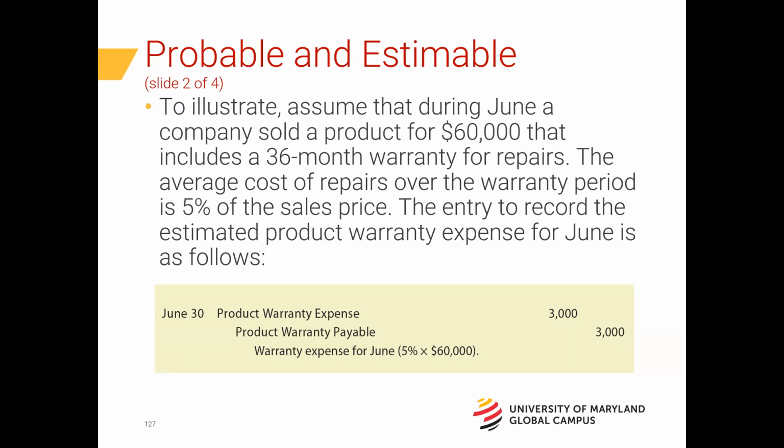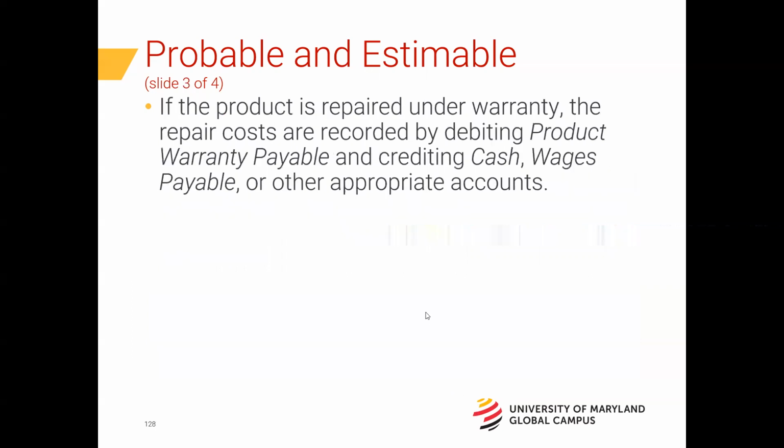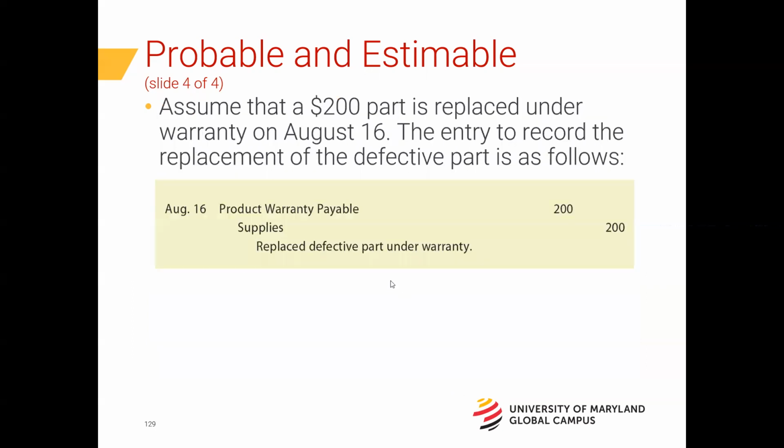Makes sense. So the company, just like we've done with bad debt expense, estimates that it will have to do a certain percentage of warranty repairs. To do that, we debit warranty expense, credit product warranties payable. This is an example of that, and that happens from time to time.